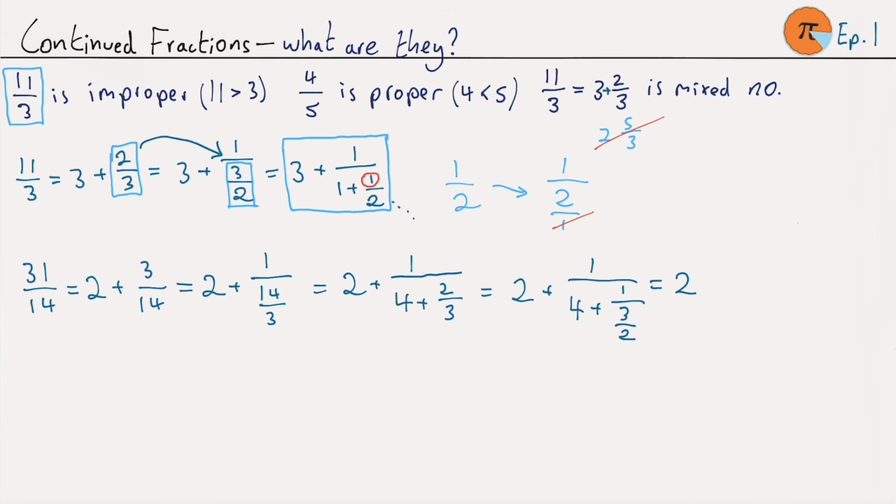And next, we can replace, as we did before, that 3 over 2 with 1 plus 1 over 2. And then again, the important thing is we got this 1 on top, and that means that it now terminates. We can't continue this continued fraction, I suppose you could say.